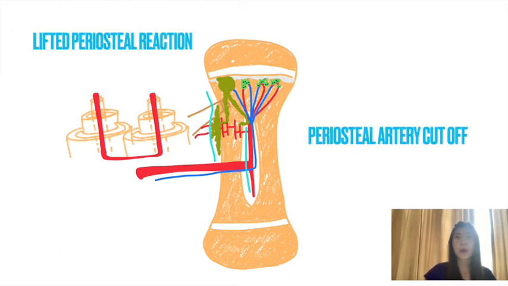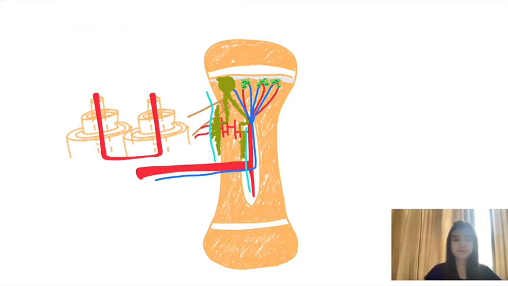When it's lifted and always accumulating, it causes stretching of these arteries, and they get cut off. If you stretch the artery because of the mass effect there, the artery cuts off here.